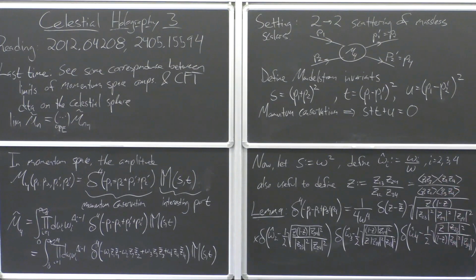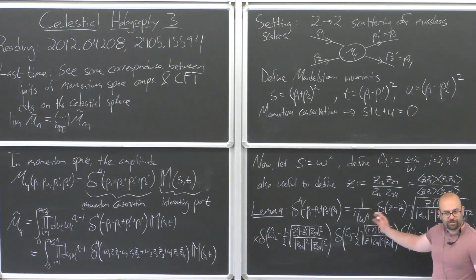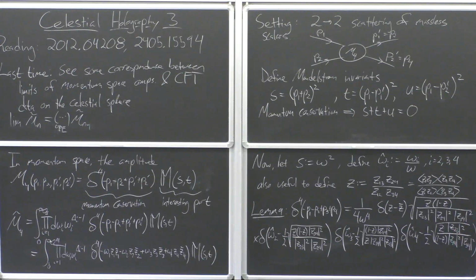Okay, so we started out life with 4 delta functions. We'd better wind up with 4 delta functions here. 1, 2, 3, 4. And then proving this lemma is just an exercise in keeping track of Jacobian factors as you shuffle stuff in and out.